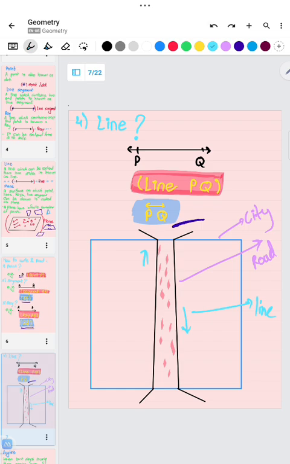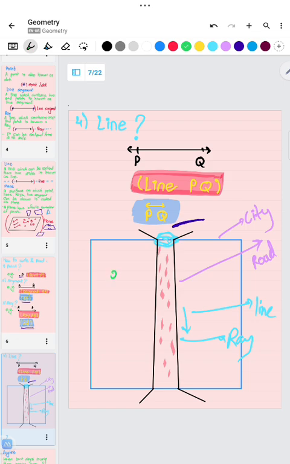If there is one construction on upside, then the vehicles can't move from upside. The vehicles go downside only. Here that is ray. And if there is one park here, the park is denoting a point.